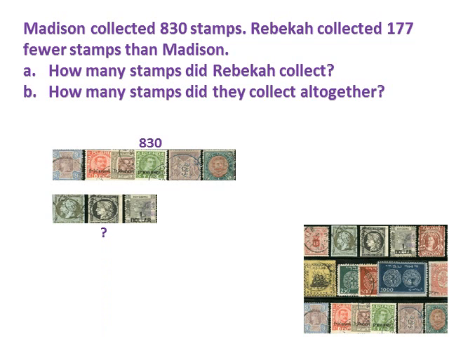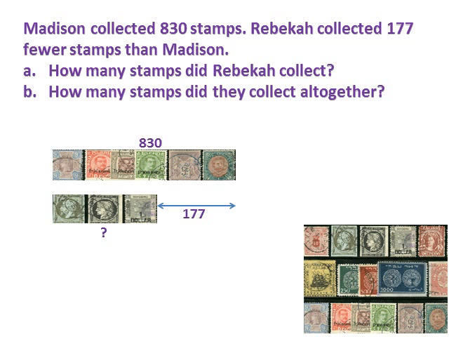But we know that Madison collected 177 more than Rebecca, or Rebecca collected 177 fewer. So that's the double-sided arrow in there that represents the 177 fewer stamps Rebecca had than Madison.